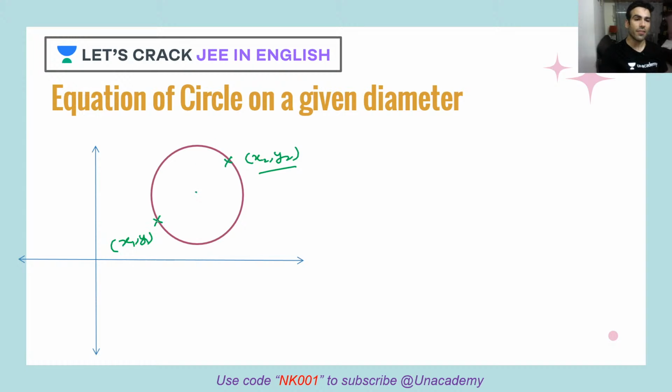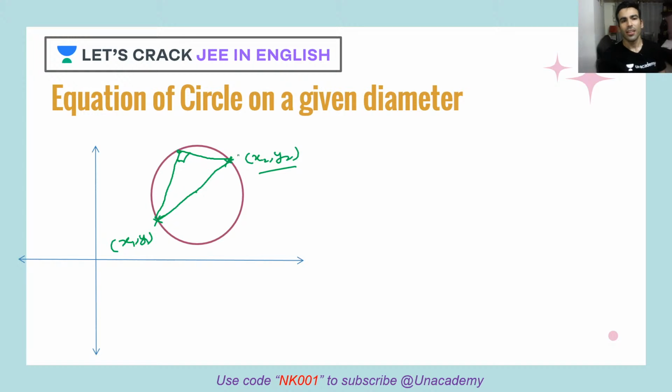Okay, so in geometry, if you must have remembered that when you make a diameter and try to draw any triangle using the third point or third vertex on the perimeter of the circle, you always make what? Right angle triangle.